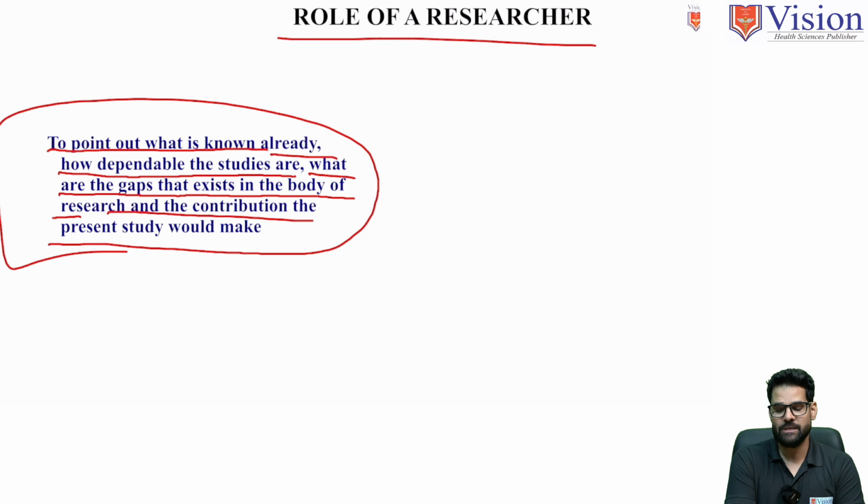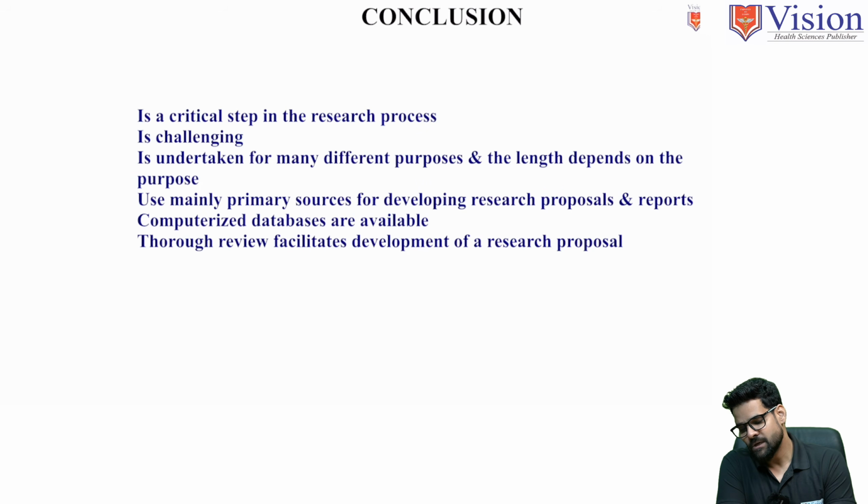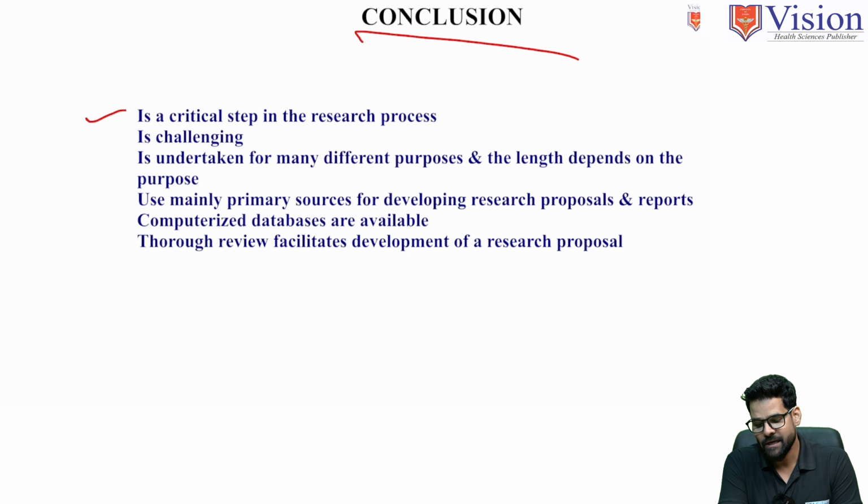If at the end of your literature review you can answer all these questions, then you have done a good literature review, and that is your role. In conclusion, I can say it is a very critical step in the research process, but challenging, and is undertaken for many different purposes.